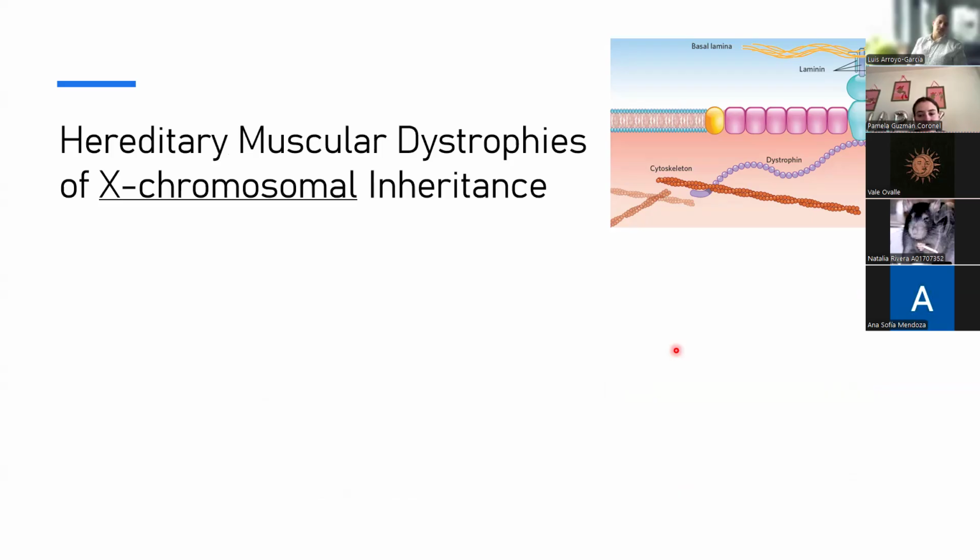Hereditary muscular dystrophies of the X chromosomal inheritance. What does it mean? What would you think if I'm telling you about X chromosomal gene defects? That they are more common in men. Yep, exactly. So that's something very important.